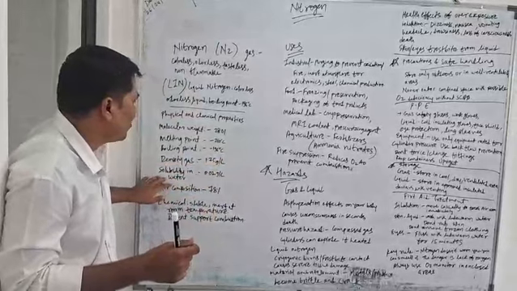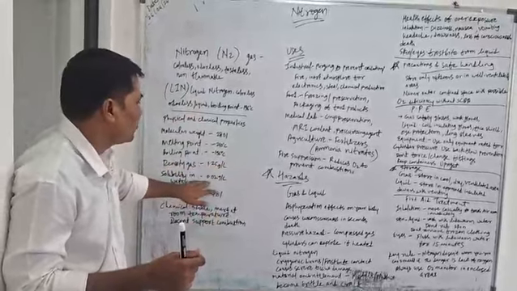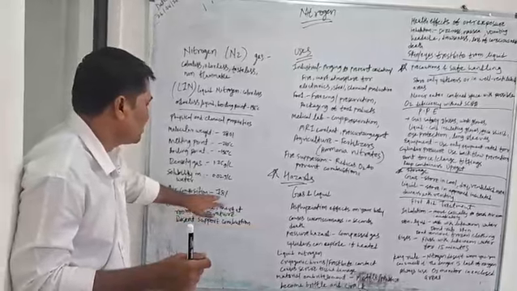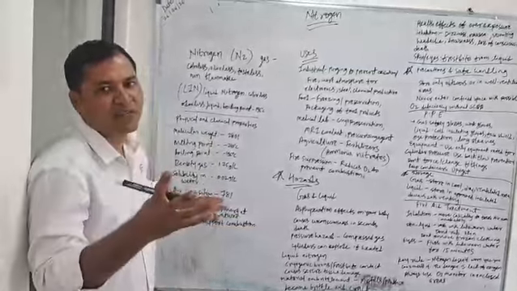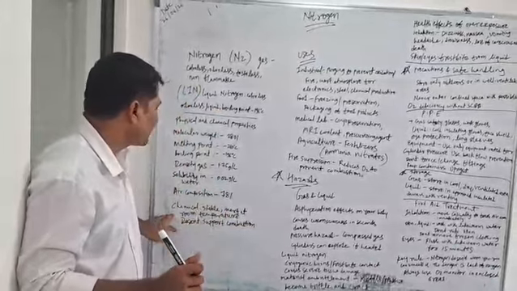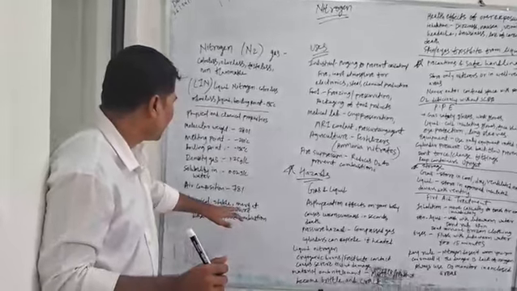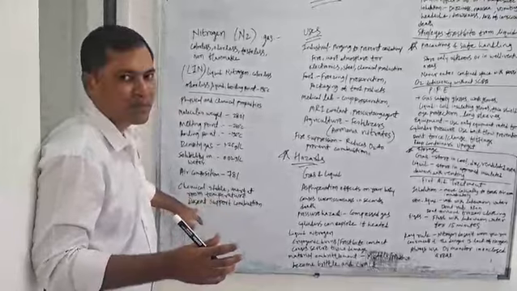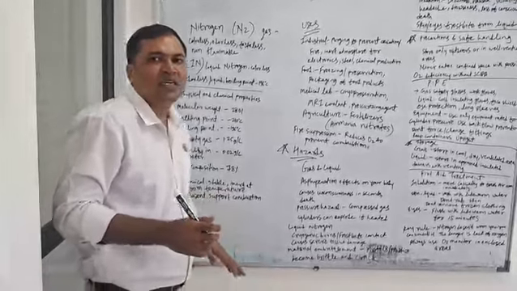Solubility in water is 0.02%. Air composition: nitrogen makes up 78% of the atmosphere. Chemically it is stable and inert at room temperature, and it doesn't support combustion.